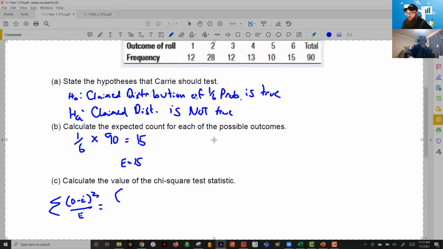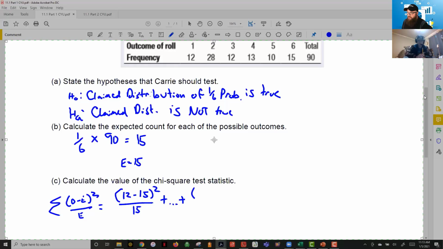So I'm going to say we got 12 minus our expected of 15, squared, all over our expected, which was 15. And then you don't have to write out each one of those. Shorthand notation is to put a plus sign, three little dots, and then just do the last one.